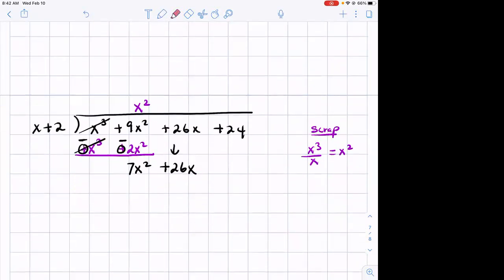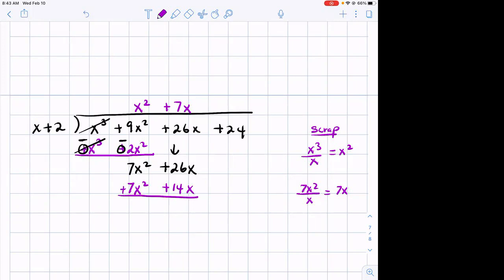So we have our scrap again. Scrap will be 7x squared divided by x, and that gives me 7x. So we write plus 7x. And then when we multiply, 7x times x becomes 7x squared, positive, and 7x times 2 becomes positive 14x.